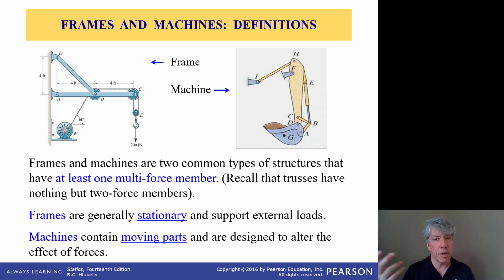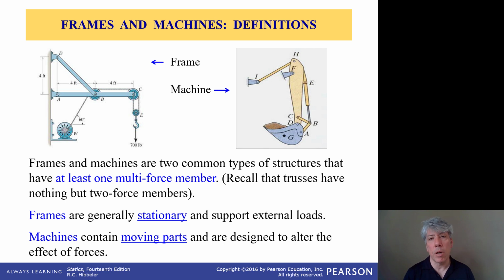So an excavator arm, a backhoe arm, those types of things are certainly machines for that reason, whereas the crane type of device on the left-hand side is just a frame and not a truss because it has force in the middle of a member, for example, which is not allowed in the two-force only members of trusses.